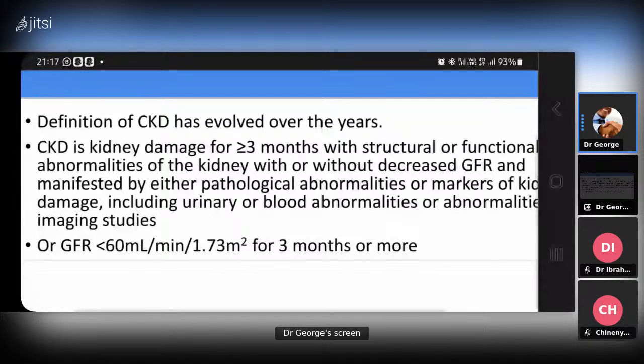Let's say you took a renal sample, a renal biopsy, and you are seeing evidence of the markers of CKD. Even blood and urinary abnormalities, for example you do a urinalysis and you find evidence of something that can show you CKD. You could make a diagnosis of CKD. So another alternative definition is when you have a GFR that is less than 60 mL per minute per 1.73 meters squared for 3 months or more, right?